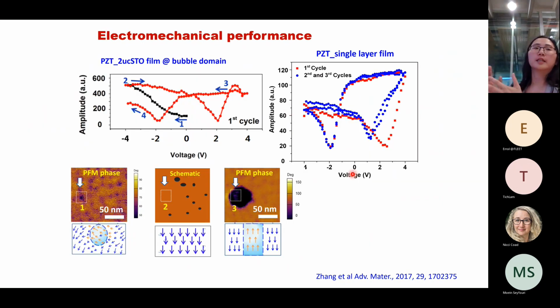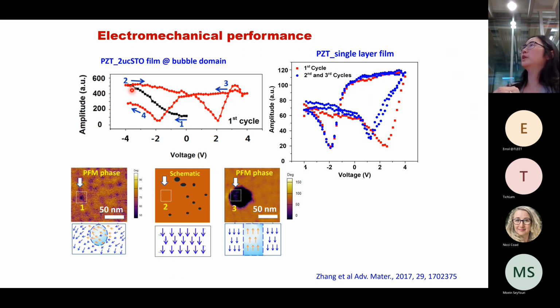And we also checked the properties. Because it has this tilted polarization, it can give a higher electromechanical response. We applied the bias cycle, and we can see that from point 0 to 1 to 2, from the nanoscale bubble domains to the matrix, it switched from this tilted domain to a downwards domain.